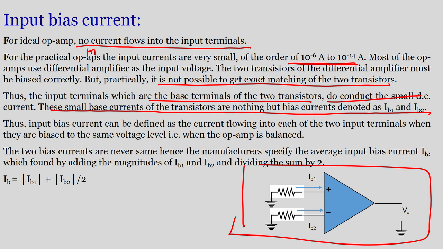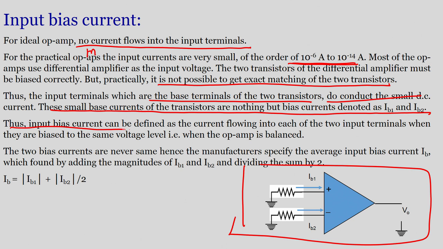So, when we see a differential amplifier within the op amp, there are transistors, and these transistors conduct a small DC current through their base terminals, and these small base currents we call the input bias currents, IB1 and IB2. Why IB1 and IB2? Because it is a differential amplifier. We have two different transistors in the differential amplifier. Now, how can you define input bias current?